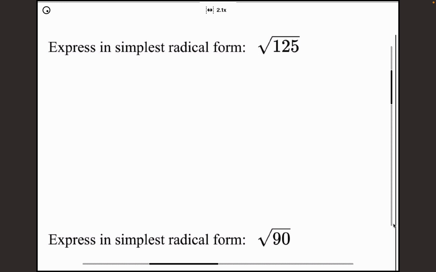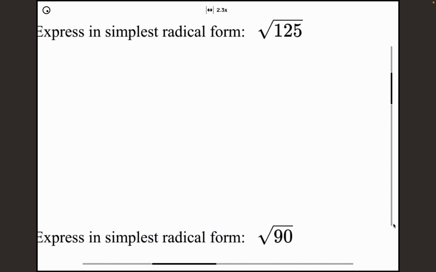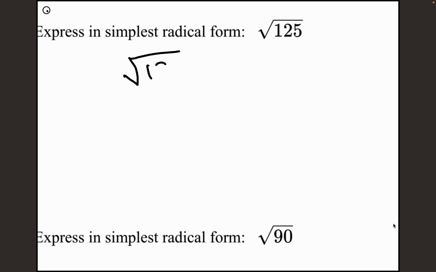What would be a good number to take out of 125? 25. Yeah, we could take out 25. So what times 25 is 125? 5. So I make my little tree. I put square root 25, and then we have square root 5.